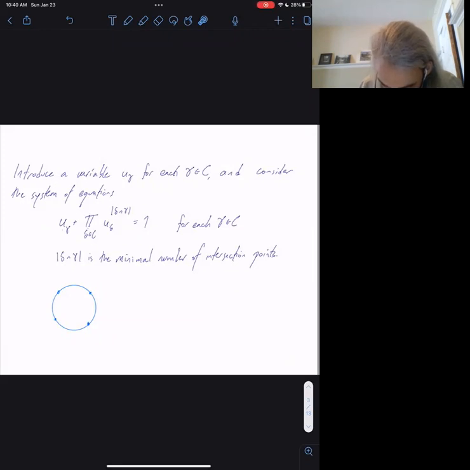The sum of these two things should be 1. So we have a system of infinitely many equations in infinitely many unknowns. Here, the intersection actually means the minimal number of intersection points. So you have to draw the curves in a minimal way to make that well defined.